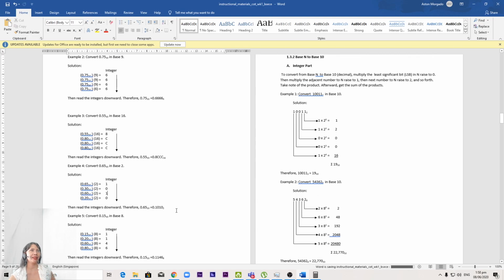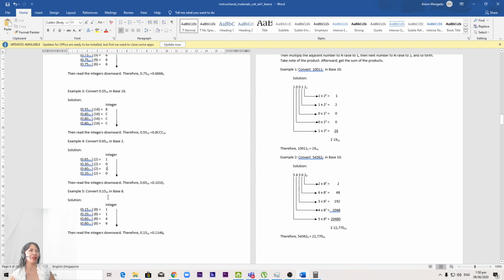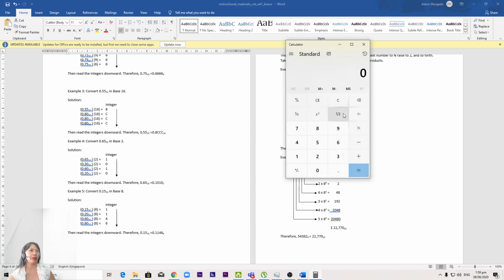Then last, convert 0.15 to base 8. So we have to multiply 0.15 times 8, then take out the whole number. So we have 1.2. Then continue multiplying with 0.2.